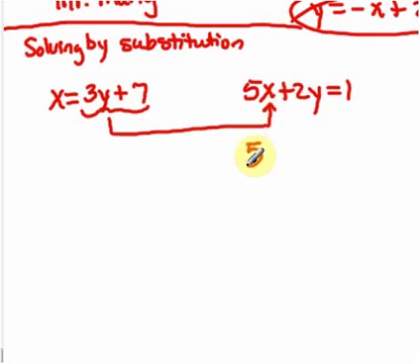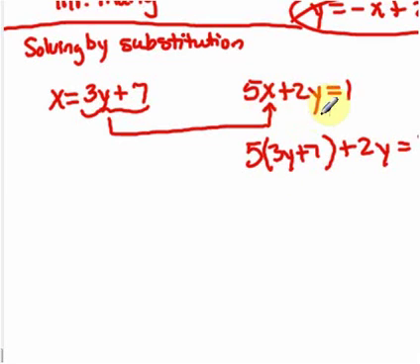When I do that, I get 5 times what x is in terms of y, 3y plus 7, plus 2y equals 1. I just took an equation that had 2 variables in it, and I have managed to get only y's in it. And you've been solving single variable equations forever.